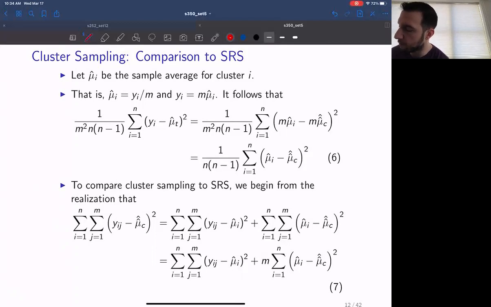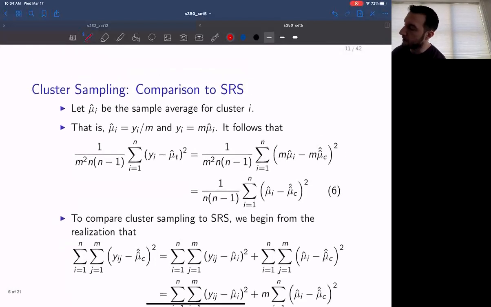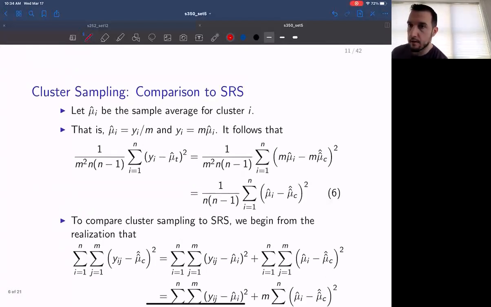1 over m squared times n divided by n minus 1 multiplied by the squared deviations of the yi about their mean is equal to 1 over m squared over little n times n minus 1 multiplied by the sum of the squared deviations between m, so the cluster size, multiplied by mu hat i minus m times mu hat c, which again is the average or the estimate of the population mean across all clusters.